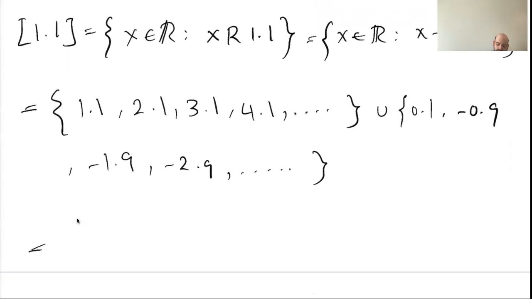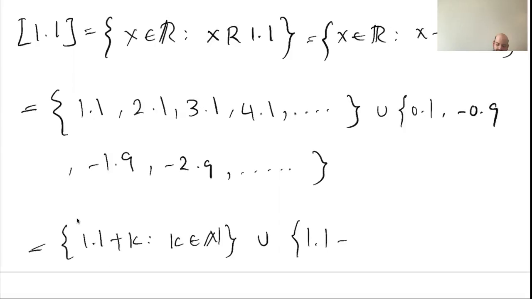So I could write this as 1.1 plus k, where k is in N, union 1.1 minus k, where k is in N, and also 1.1 itself.